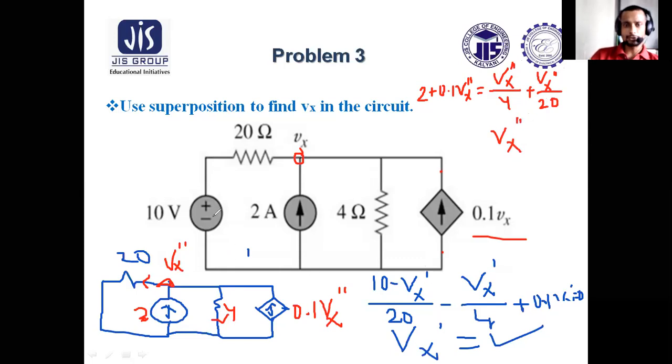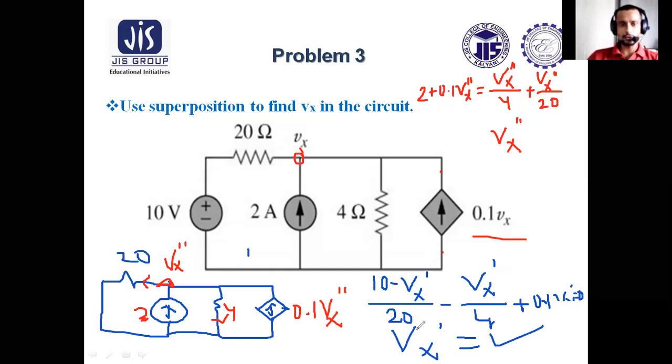Now what should be Vx? Vx dash plus Vx double dash. So this is how we can apply the superposition theorem to solve any complex electrical network with multiple sources, dependent and independent sources. Anything can be solved by the superposition theorem. The steps involved are: if there are multiple sources, consider each source separately.